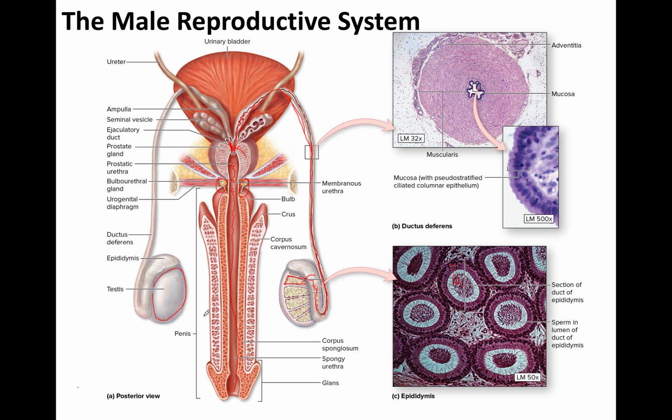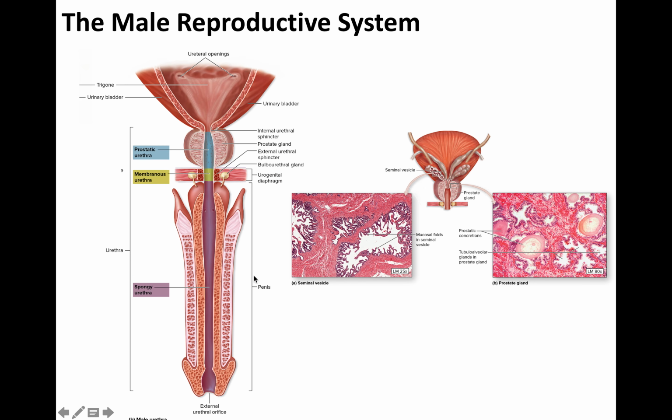So don't forget, they're going to secrete a clear mucus before ejaculation to cleanse out the urethra. So you should see the corpus cavernosa and then the corpus spongiosum, which is actually going to encircle the entire urethra and also become the glans portion of the penis.